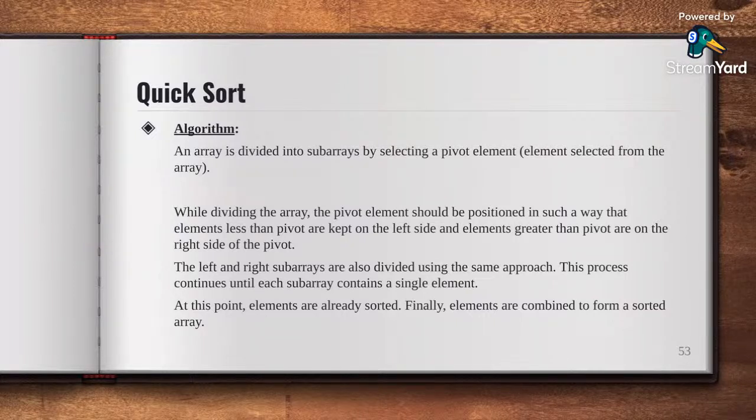While dividing the array, the pivot element should be positioned in such a way that the elements less than the pivot are kept on the left side and the elements greater than the pivot are on the right side of the pivot. The left and the right subarrays are also divided using the same approach. This process continues until each subarray contains a single element. At this point, elements are already sorted. Finally, elements are combined to form a sorted array.